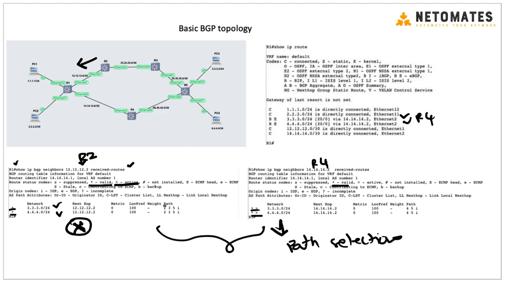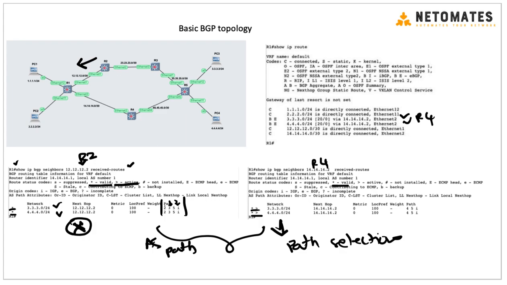If you check this column, Path, this is the AS path. It tells where this route is coming from. In this case, from the R2 side, it states that the route is coming from R2, but before that it came from autonomous system 3, and before that it came from autonomous system 5.